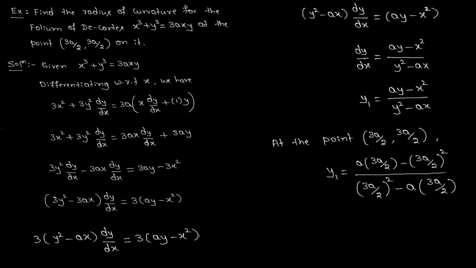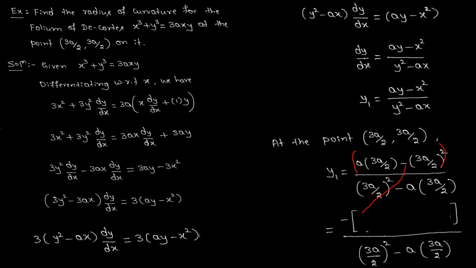Now further simplification will give us, let us take minus sign outside from the numerator. When we take minus sign outside from the numerator, this minus becomes plus and this positive term becomes minus here. Yes, this has become positive and we have written the first term.